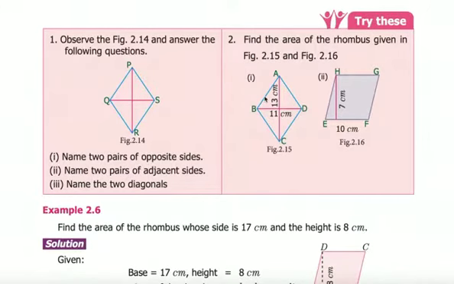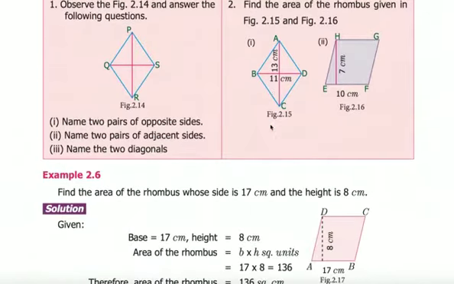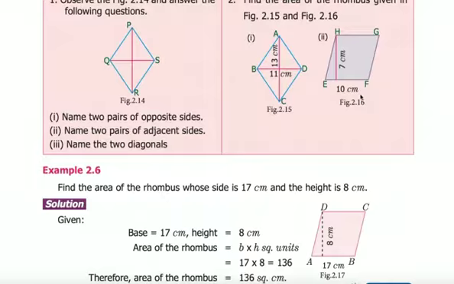We know the formula d1 into d2, where d1 and d2 are the diagonals of the rhombus. So 13 into 11 is the area of this rhombus. What about this rhombus? Here you clearly have the height and base. So base into height is the area of the rhombus. That is the first formula. This is the second formula. So here it is 70 cm square.